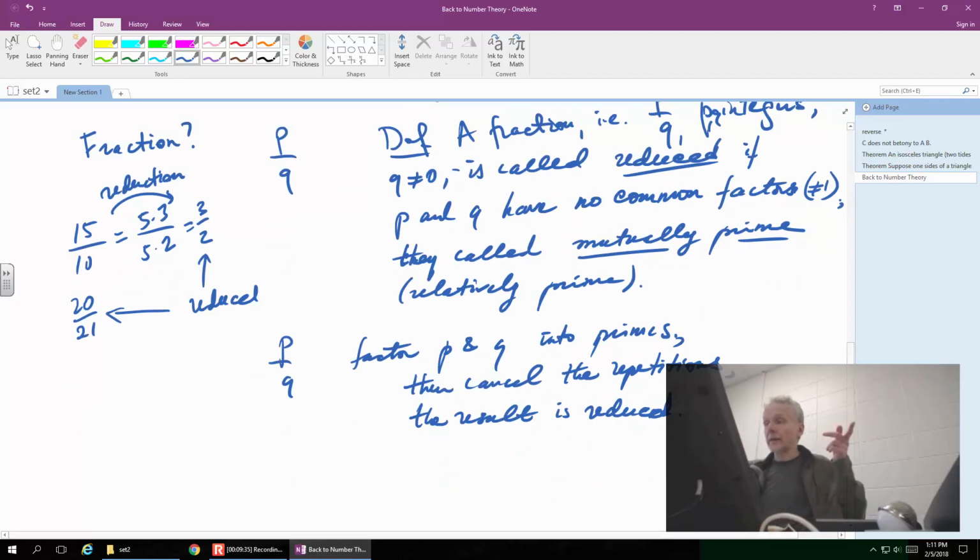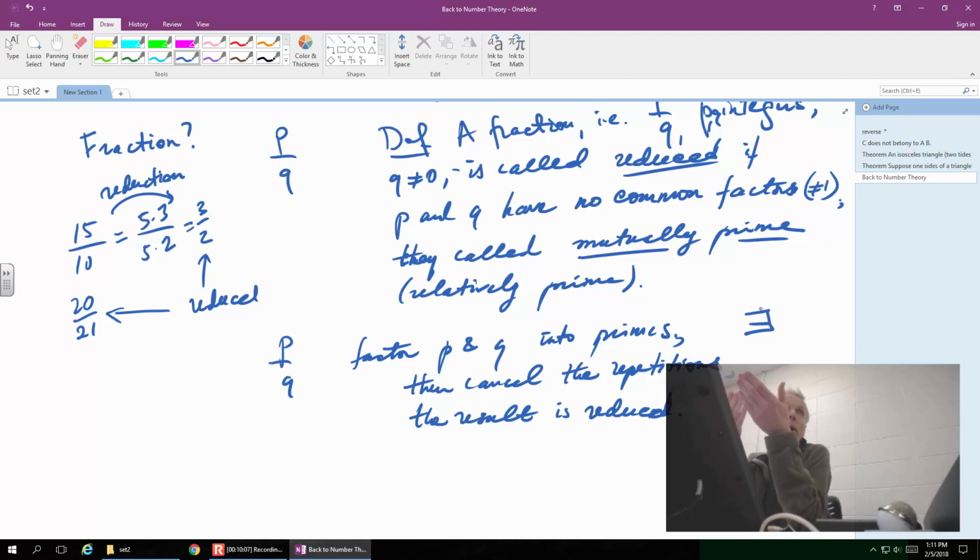Now, what I want to mark here is the existence part of the fundamental theorem. So there is a factorization. How does the uniqueness help? What does uniqueness tell us? So there's only one way to factorize p and q, and therefore there's only one way to cancel those factors.